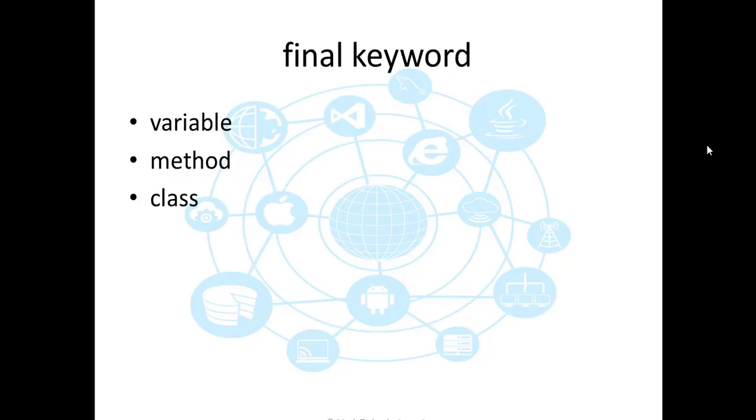But in this case, if we use the final keyword like in the method abc, we cannot override this method because it's final. Alright, moving on to the class. The class which has the final keyword, we cannot inherit that class, meaning we cannot have a child of that class. This is how the final keyword is used.